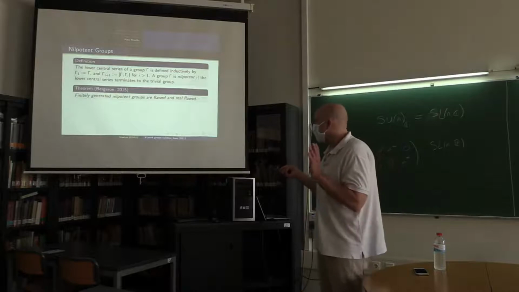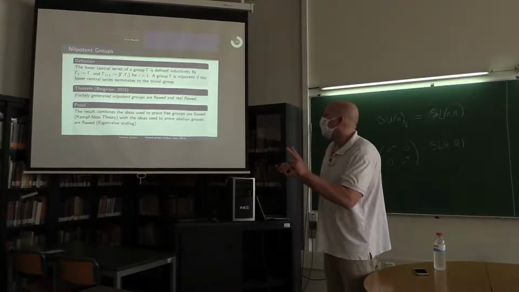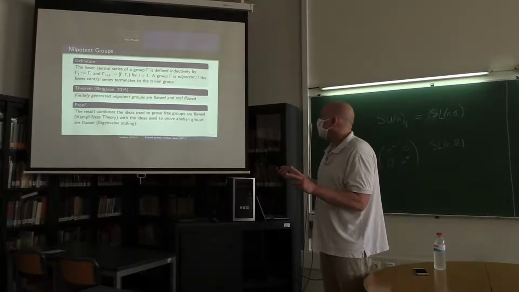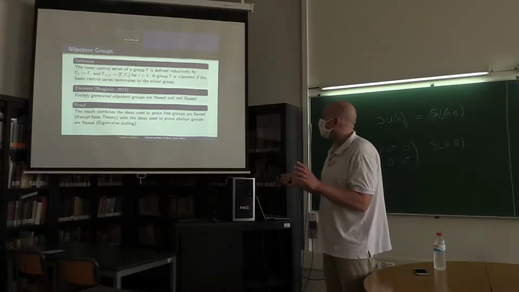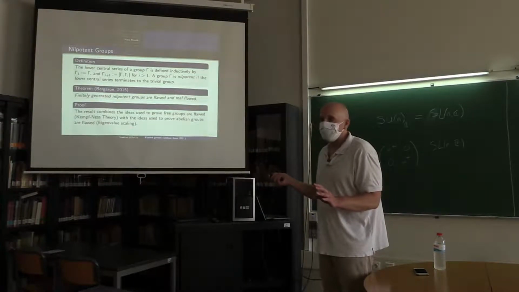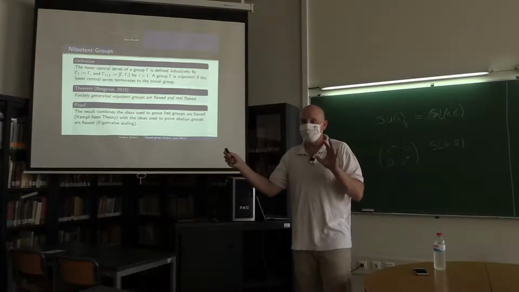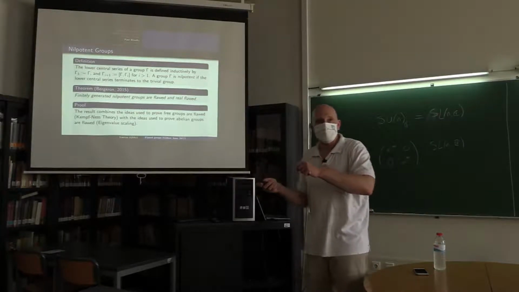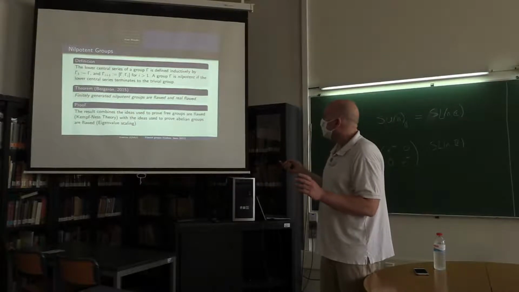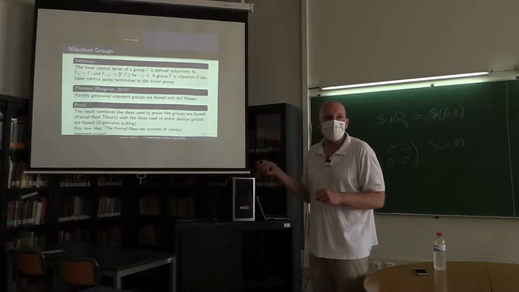And the really cool thing he did here is he did two cool things. One, he used both the ideas from our previous two papers, the Kempf-Ness theory and eigenvalue scaling. In our two previous papers, we used one and not the other. He put those methods together, and in doing so, he was able to show a stronger property than we were able to show in our abelian paper.